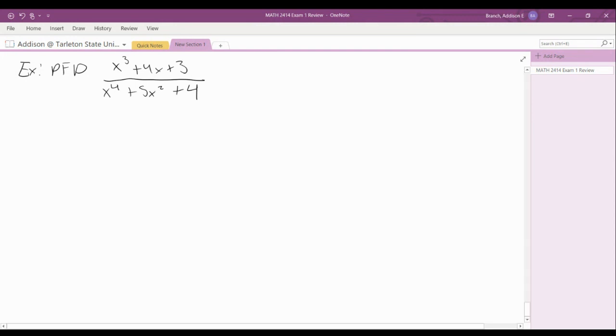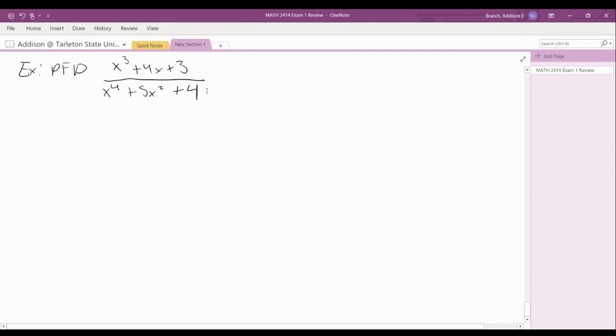So next thing we need to look at and see if there's a way we can go factor our numerator and our denominator. So our numerator does not appear to have any easy factors. Now, if we look at our denominator, we can see we have a power of 4, 2, and 0.